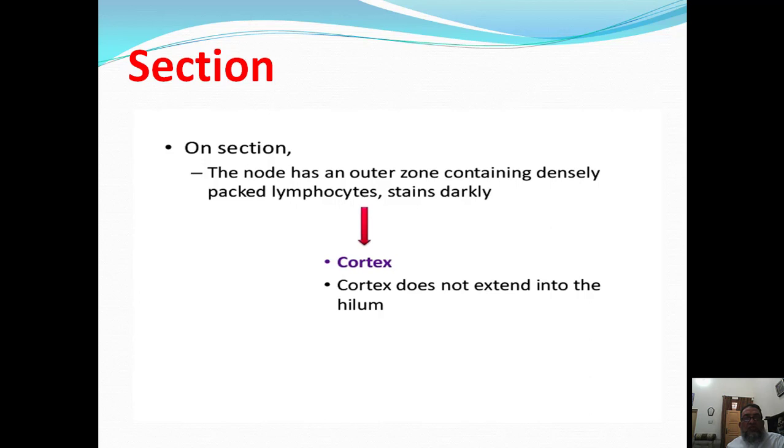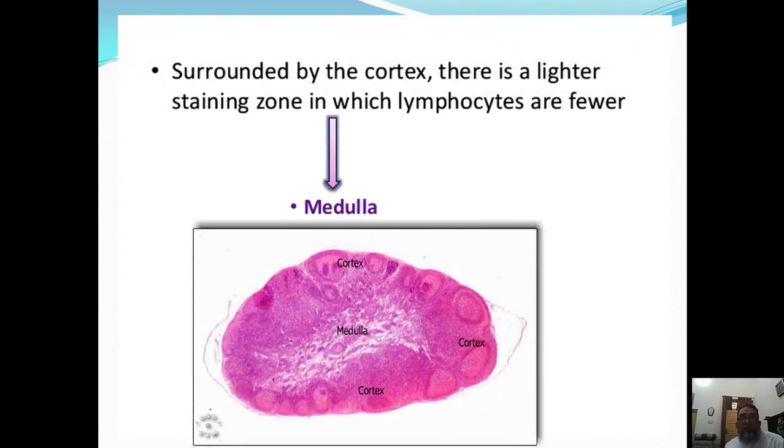If you see the section of a lymph node, it consists of cortex, which does not extend into the hilum. Cortex is the outermost, beneath the capsule. The cortex does not extend toward the hilum, it is in the periphery. Now, surrounded by the cortex, there is a lighter staining zone in which the lymphocytes are fewer, in the form of cords. It is called the medulla.